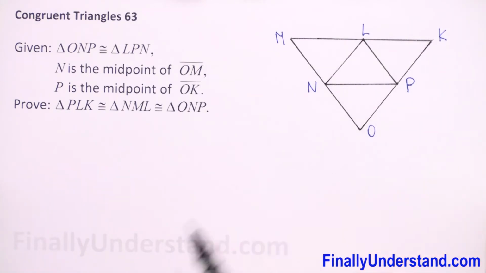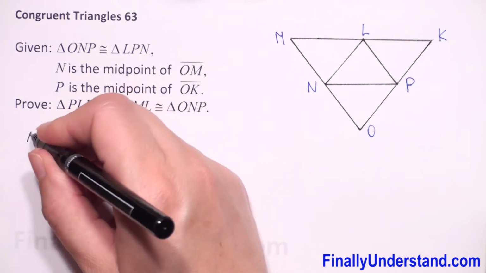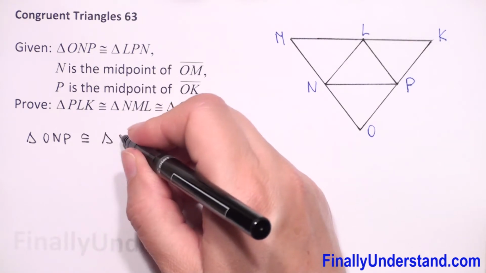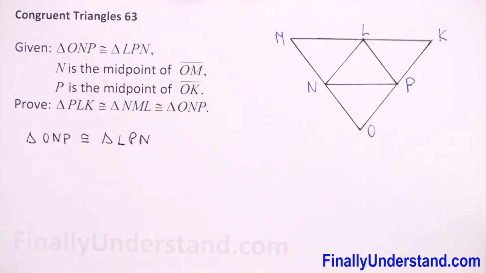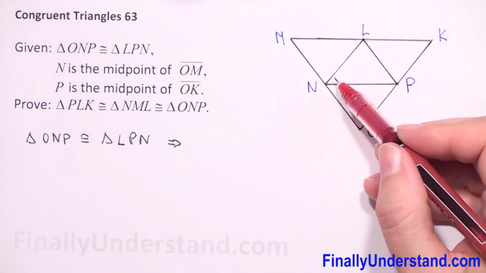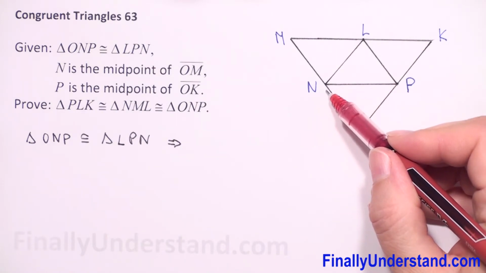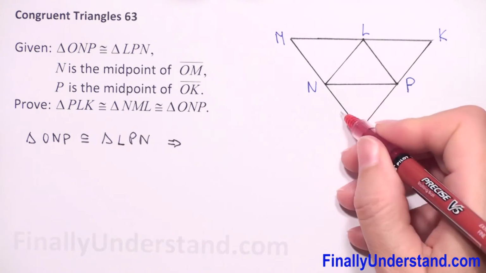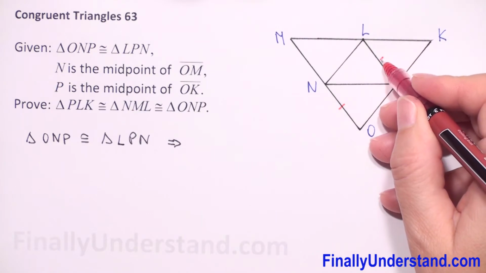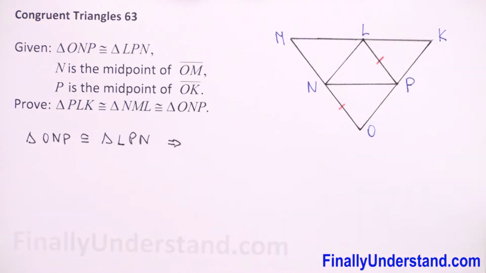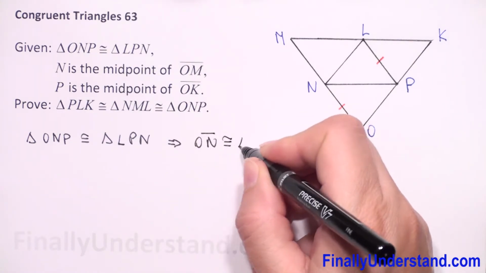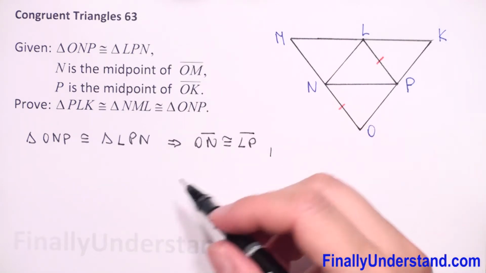So let me start from the beginning. We are given that triangle ONP is congruent to triangle LPN. It means that ON is congruent to LP, so we can mark that this segment is congruent to that. What else?